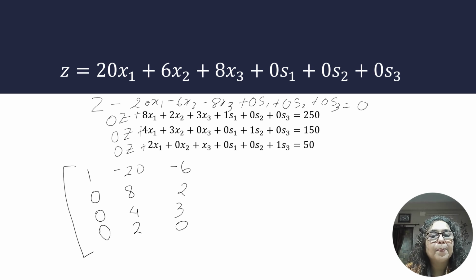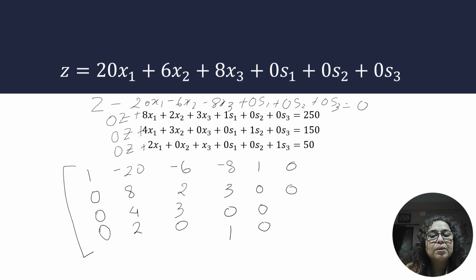We have minus 8, 3, 0, 1. And we have 1, 0, 0, 0.